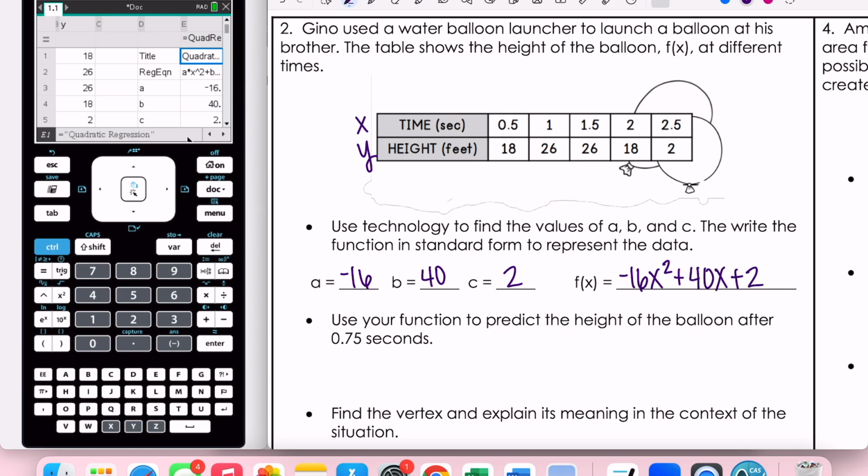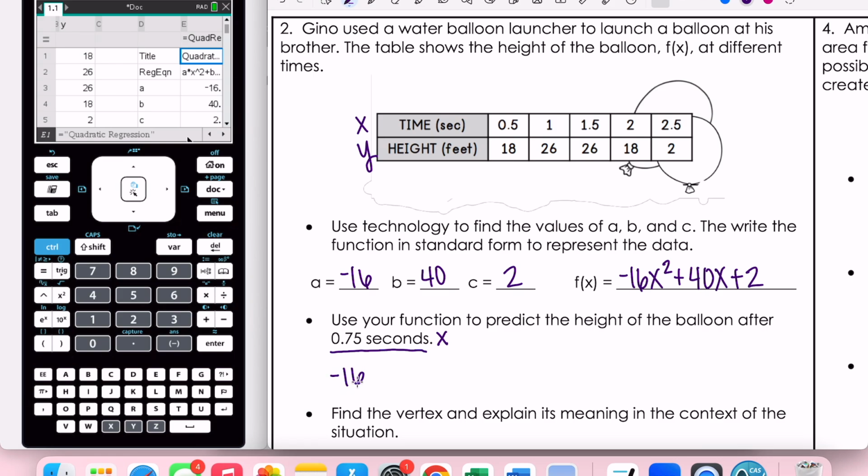So we now want to use our function to predict the height of the balloon after 0.75 seconds. So 0.75 seconds, this is my x value. Now, typically, guys, here I would suggest that you go ahead and find that value in your table of values. However, when this is a decimal, you cannot do that. So what we're going to have to do is plug 0.75 in for x.